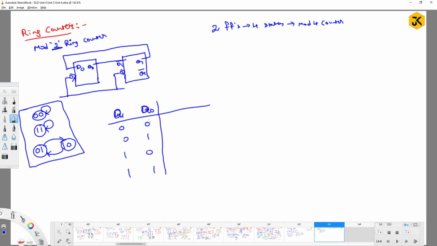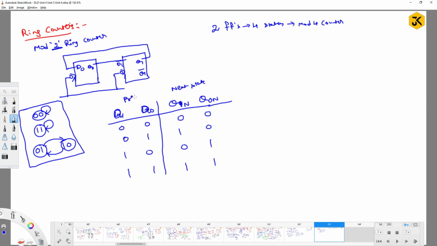These are the present states. Once these are the present states, you have to guess what the next states might be, that is Q1n and Q0n. If it is 0 0, you need 0 0. If it is 1 1, you have 1 1. If it is 0 1, you have 1 0. If it is 1 0, you have 0 1. That is how you get the next states also.